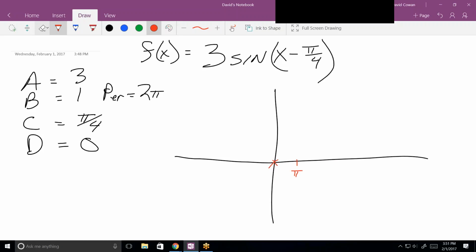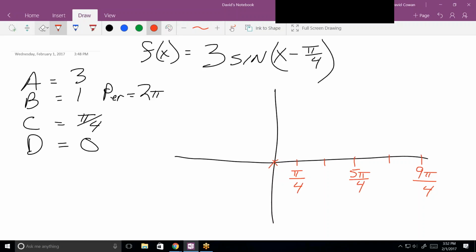Where's it going to end? 9 pi over 4, sorry. Easiest way to do this is to add those two numerators and divide by 2. So 10 pi over 4 divided by 2 is 5 pi over 4.